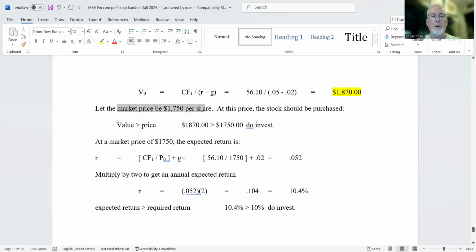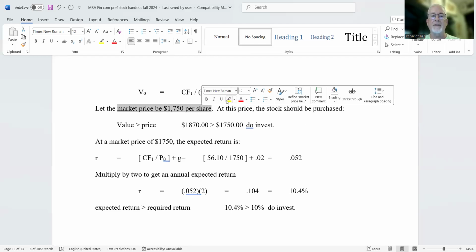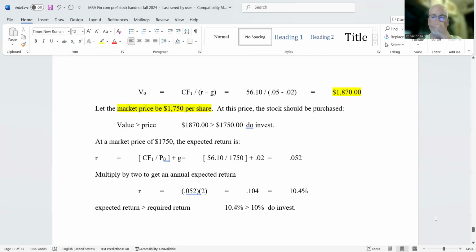But our market price is 1,750. So in this example, the value, 1,870, is greater than our price, 1,750, so we do invest. Value greater than price, invest.